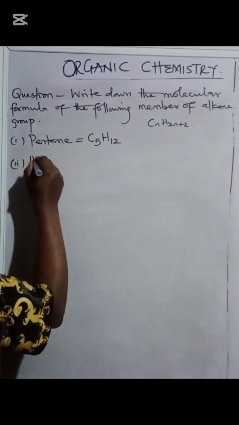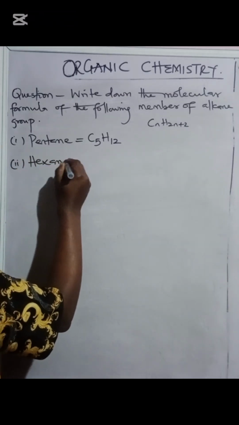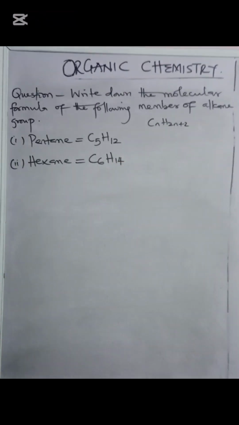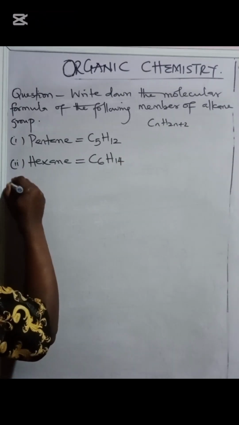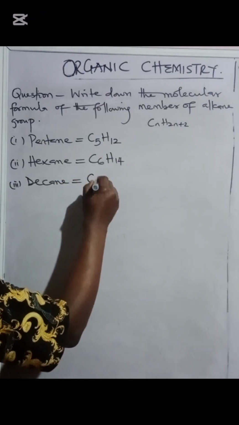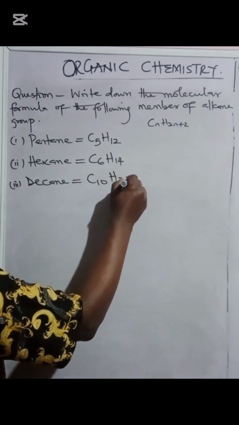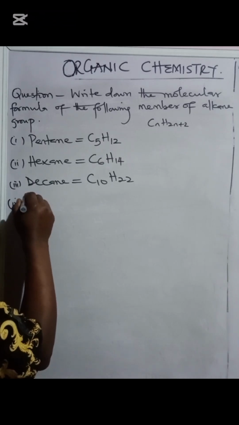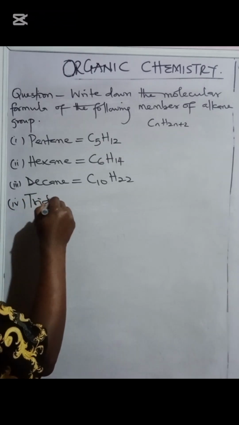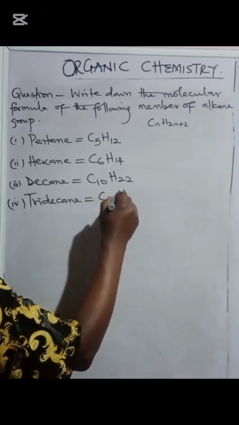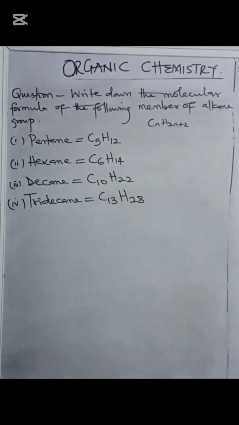2. Hexane. The formula is C6H14. 3. We have decane. That's C10H22. We have tridecane. Tridecane is 13. C13H28.